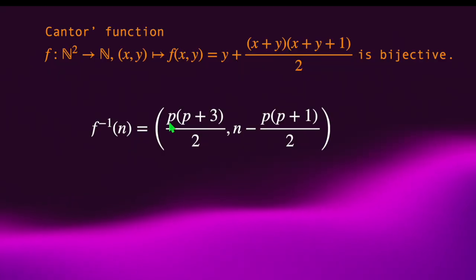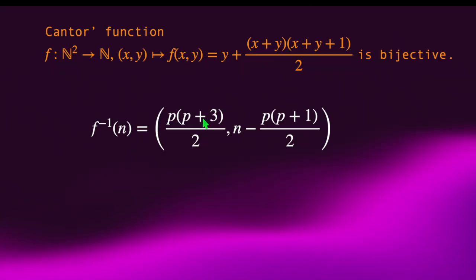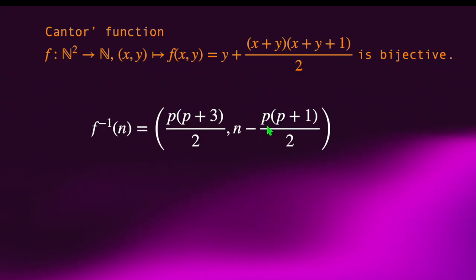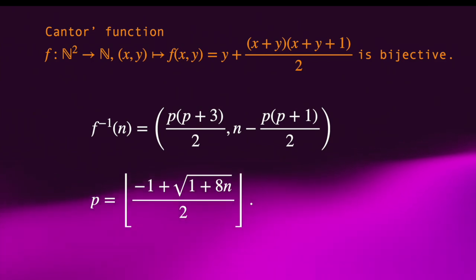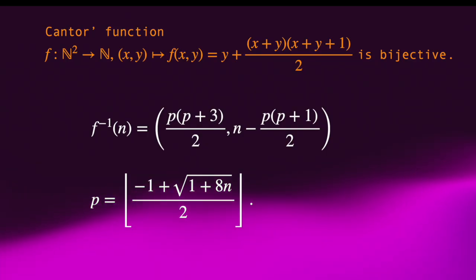It's given by (p+3)/2, n minus (p+1)p/2, where p is the floor of this quantity. And now we have shown that Cantor's function is actually a bijection.